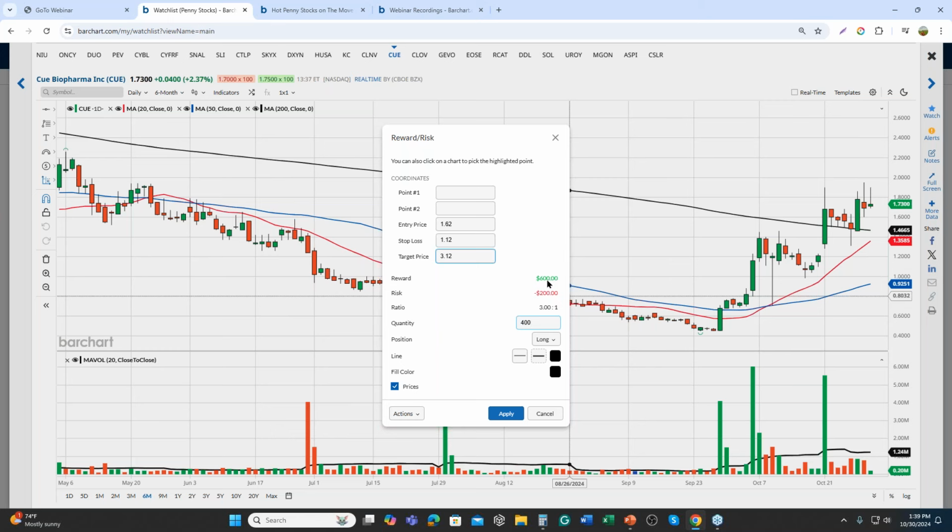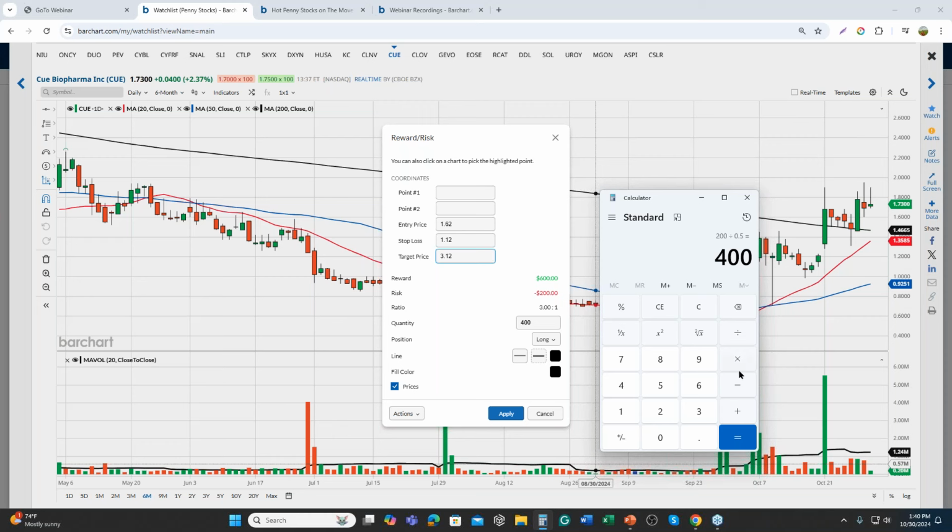But do I stop there? No. What is my nominal value? What is my position value? Again, 400 times my entry price, 1.62. That is $648. That is 6.4% or 6.5% of my capital.